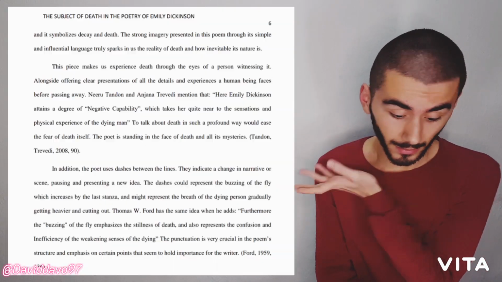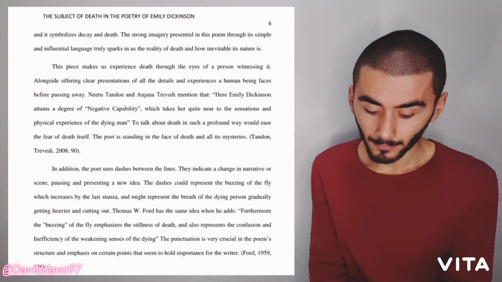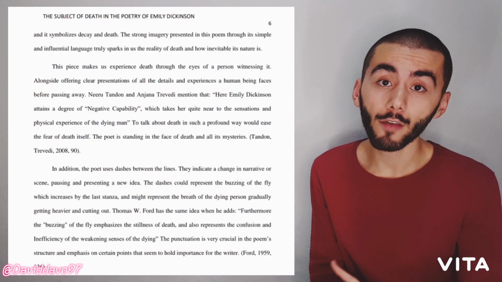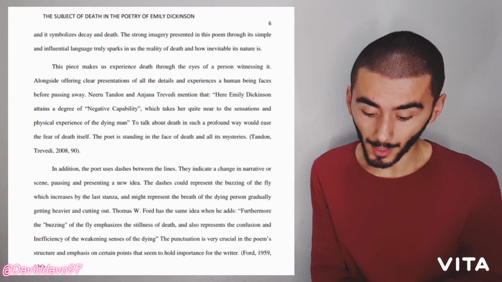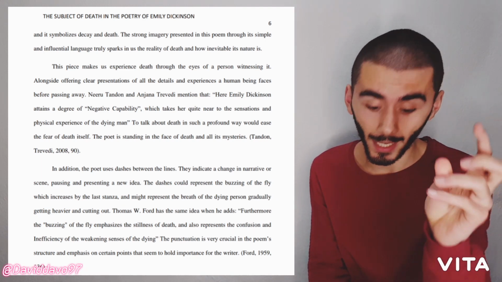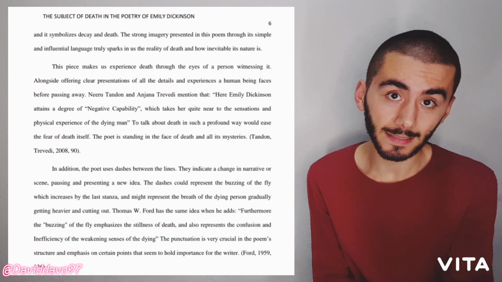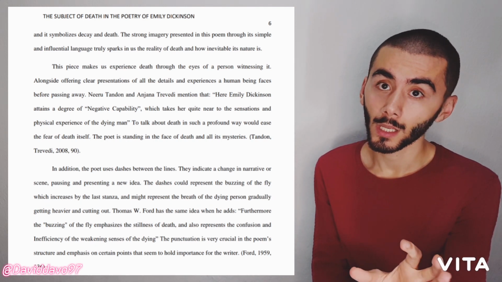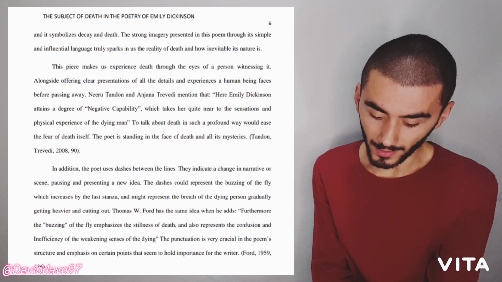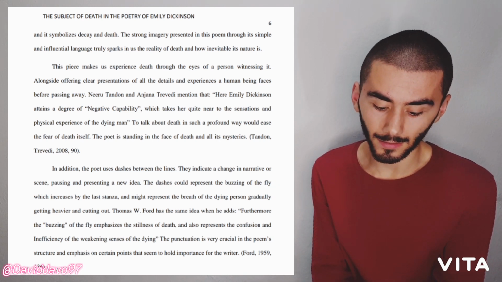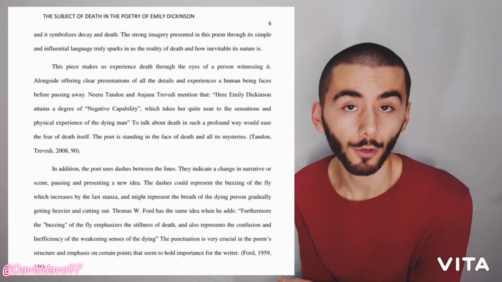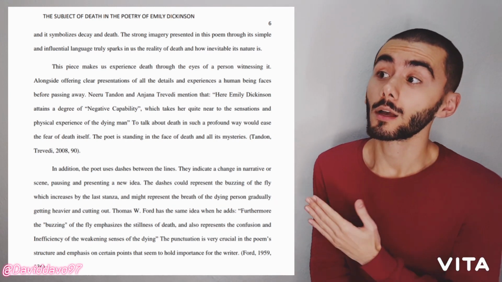Now, obviously, as a clear example, I'm going to go to page 6 here. First of all, on every single page of the paper, you should have the running head, which is on the top left, it should state the name of the research, which in my case is The Subject of Death in the Poetry of Emily Dickinson.